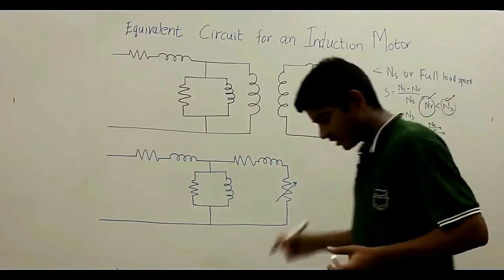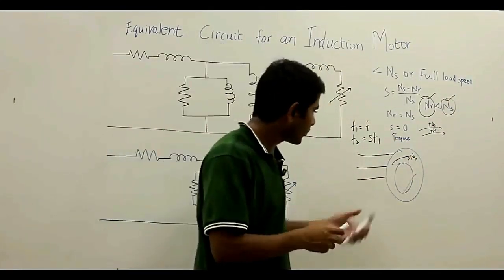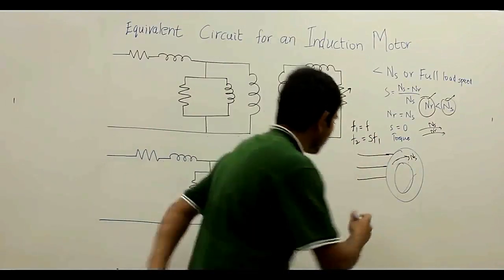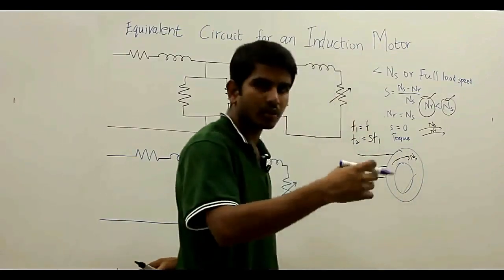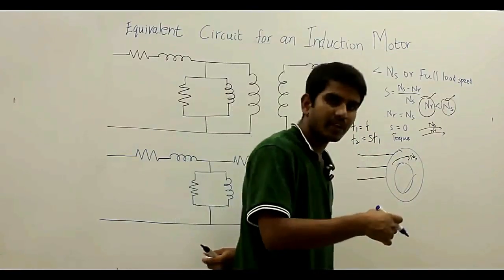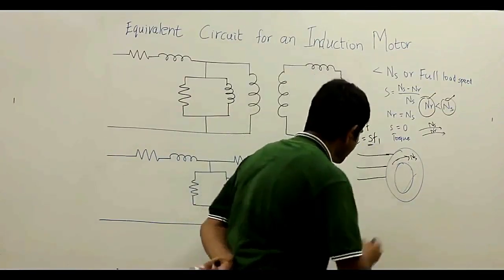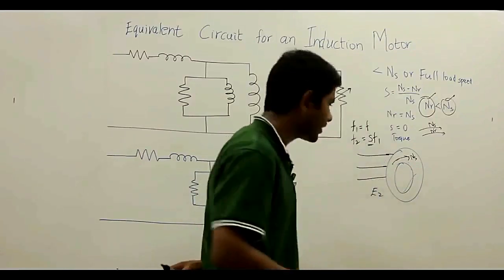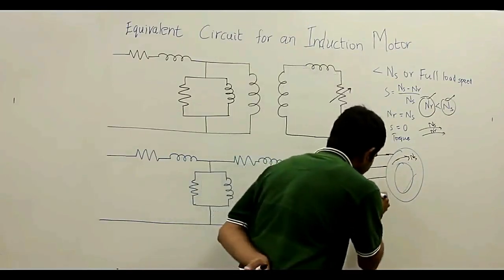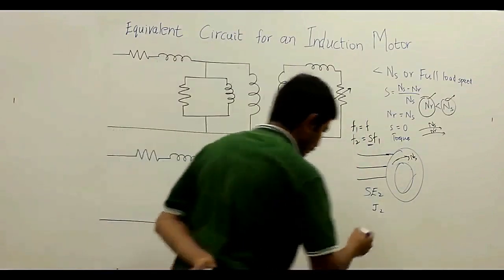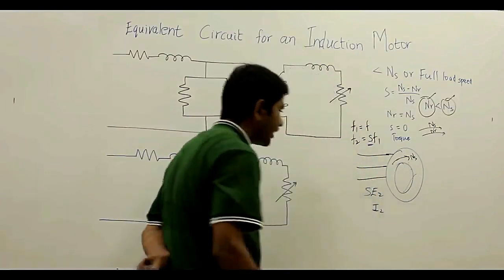As the rotor frequency is slip times the supply frequency, the frequency of the rotor induced voltage and the rotor induced current get affected by the slip. If E2 is the induced voltage and I2 is the induced current, considering this slip, the voltage will be S into E2, and this current will be I2.